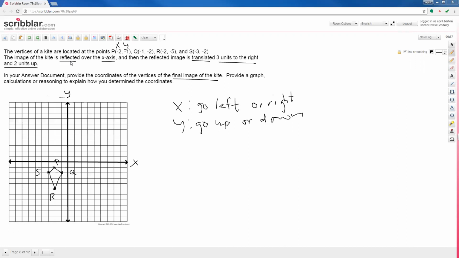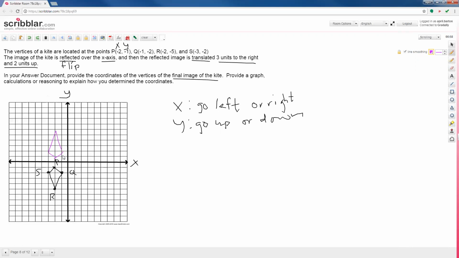Or we often use the word flip. Reflection, mirrored, flip, those all mean the same thing. So we want to actually flip it across the x-axis. When you mirror something, like when you look at yourself in the mirror, it flips your face. We're going to flip this shape and it gets flipped upside down. It's going to look something like this.